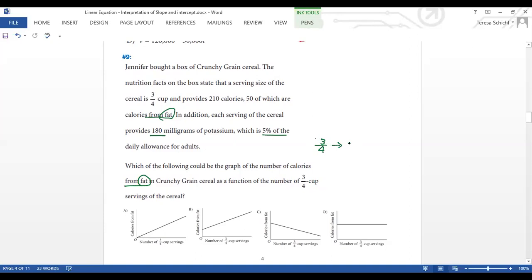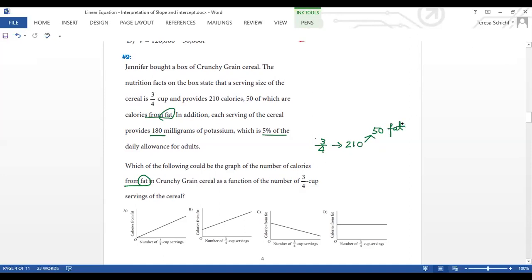So let's say they have 210 calories here, and then 50, not 50%, 50 of them is from the fat, right?